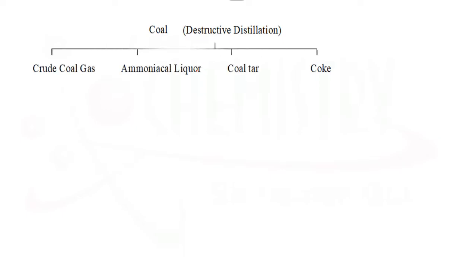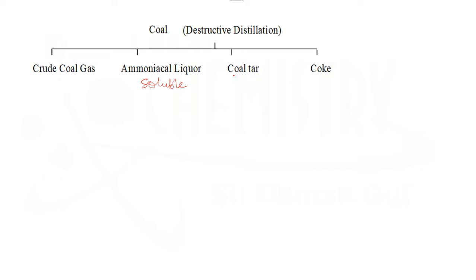Okay, now when we do the destructive distillation of coal, first what we get is initially the gas called crude coal gas, and the part which is condensed inside the water, which is a soluble part, is called ammoniacal liquor.